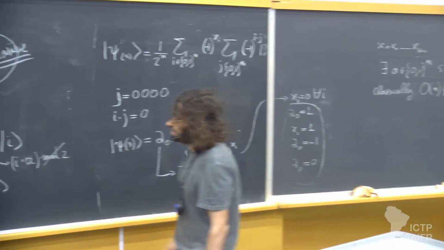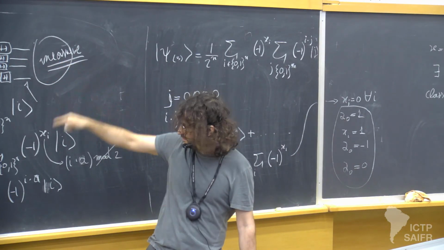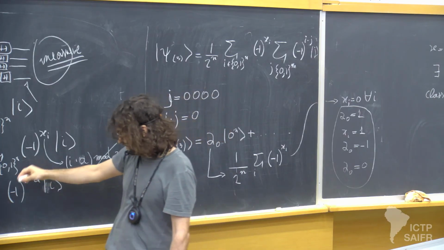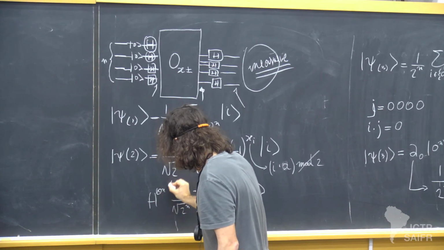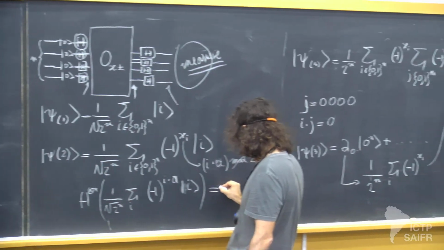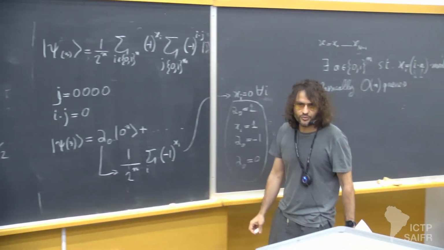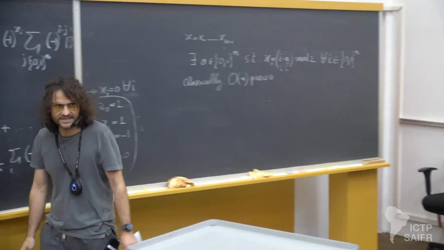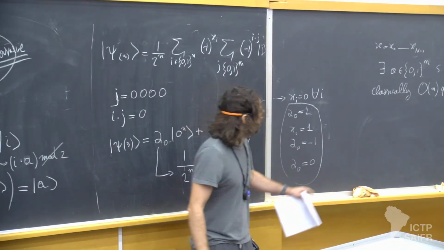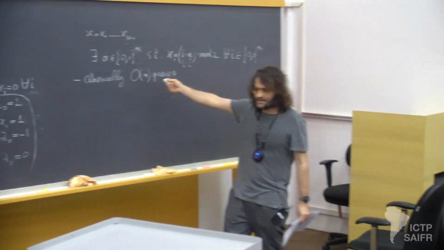And now when we go again with the Hadamard, if you check in your notes, after putting H^n over this beast, we get exactly A. So what we have to do is simply to measure the state, and the outcome is telling us exactly A. So in this case, classically, we have to do O(n) queries.